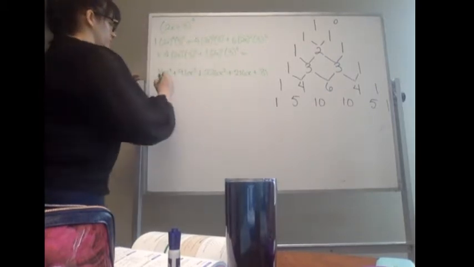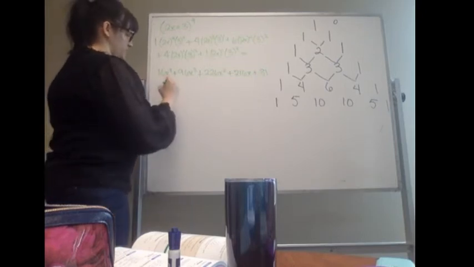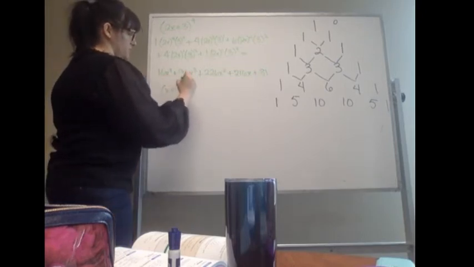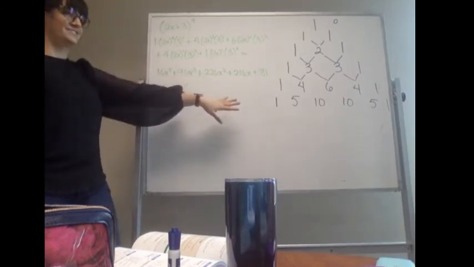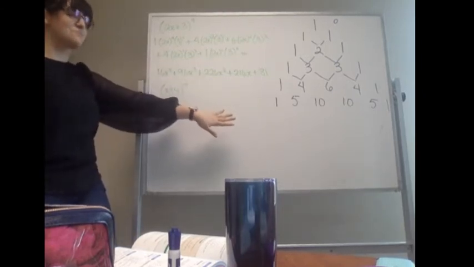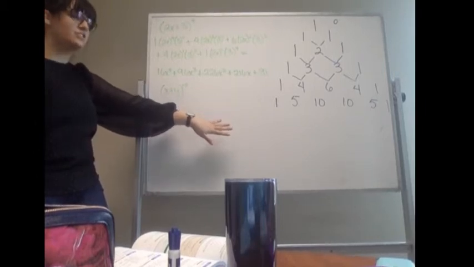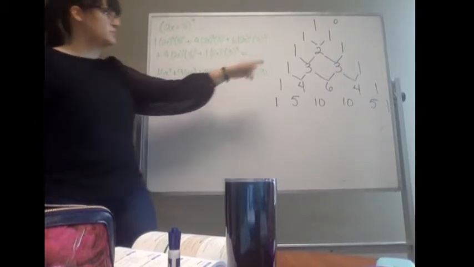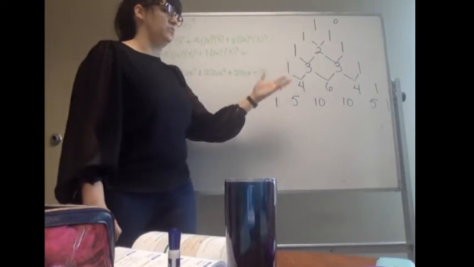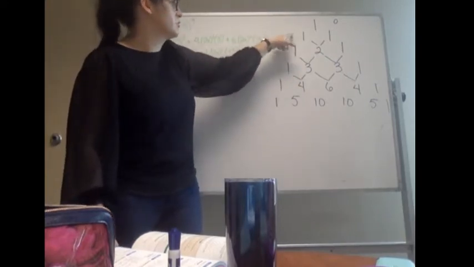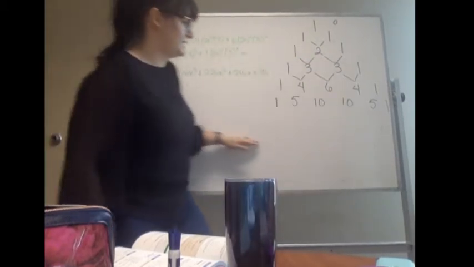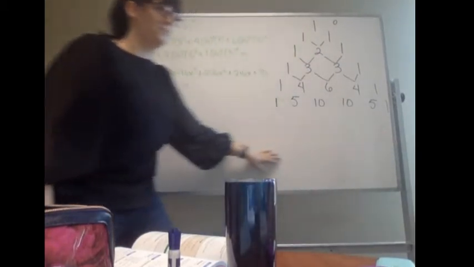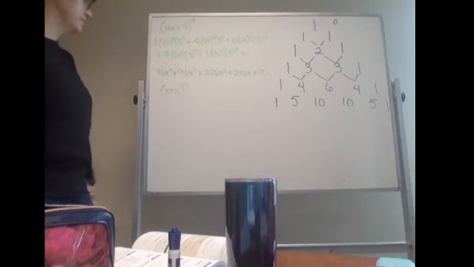What if the question is x plus y to the 15th? You'd have to draw out a lot of rows, right? And that would take a lot of time because it's always going to be one more term than whatever row it is. This is row 2 because it's the exponent for 2 and there's 3 terms. So you're going to have 16 terms in that bottom row. That's a lot of work.